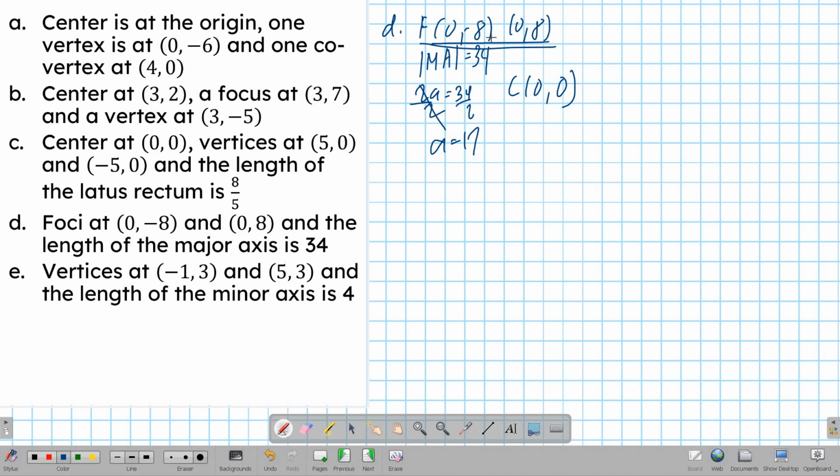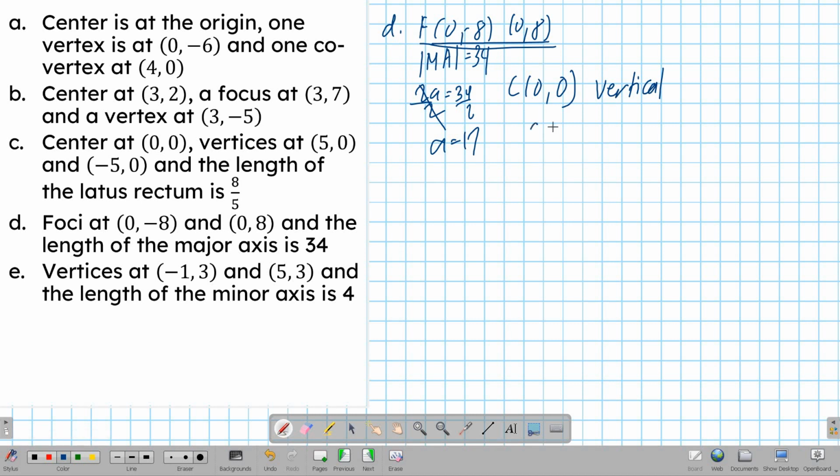Further, as we can see from here, our foci are different when it comes to ordinates. Therefore, we can say that this is a vertical ellipse, where the foci are aligned vertically.